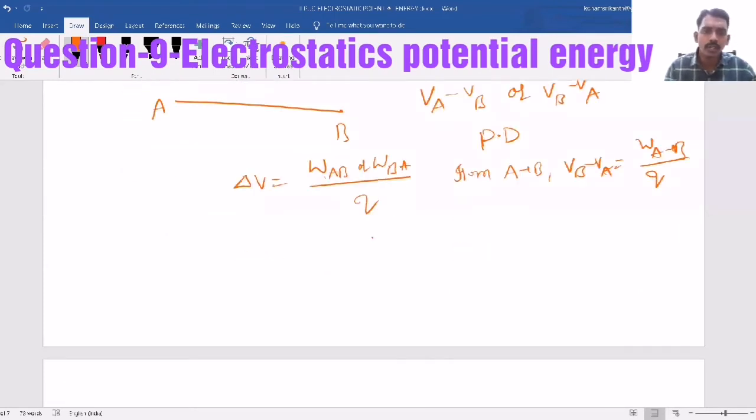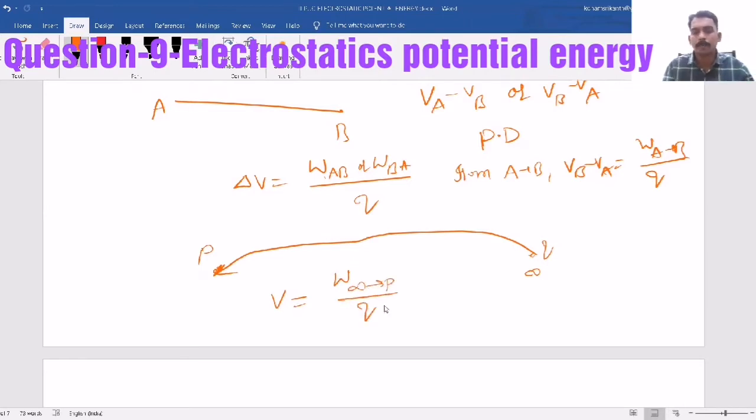Now you consider 1 point as infinity. Now you want to find the potential at point P. You have to move the charge from infinity to this point. So the potential at that point will become the work done in moving the charge from infinity to the given point per unit charge.